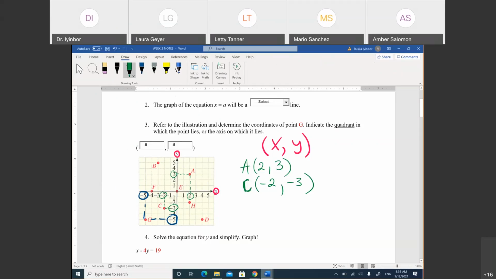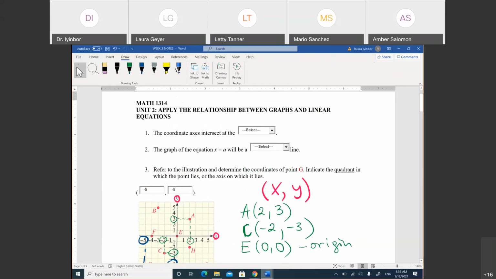Now, let me give you just a few more coordinates. The point E has coordinates 0, 0, and the point E is called origin because point E is the intersection between x-axis and y-axis.